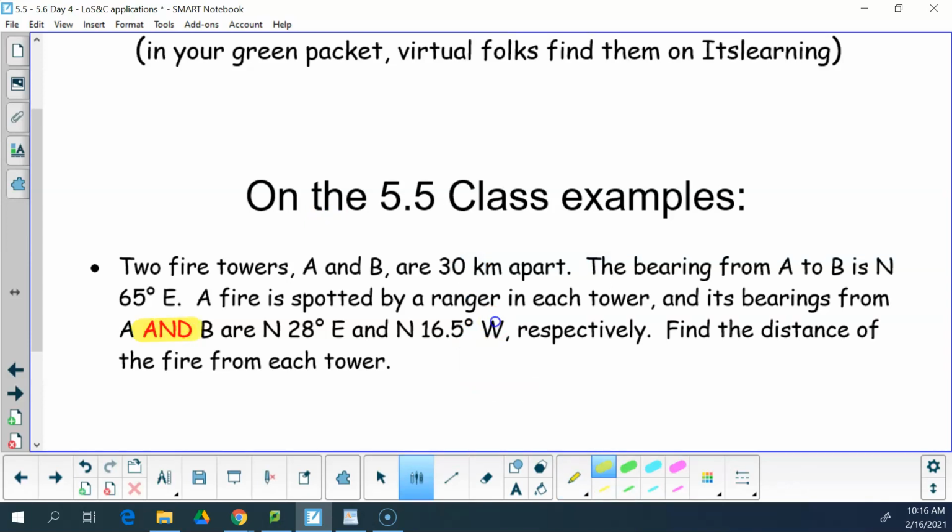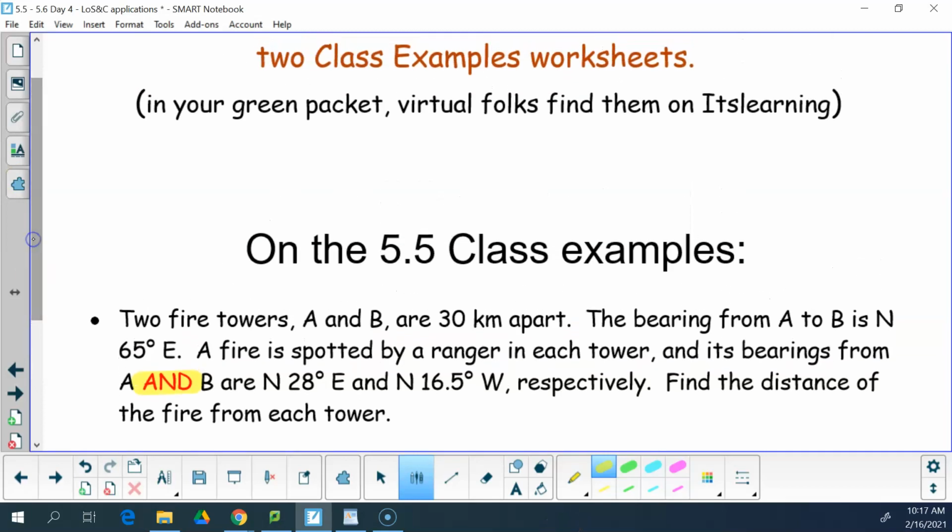This makes a huge difference. So make that one change, please, on number, I believe it's number 3. So make that change and do the rest of that worksheet.